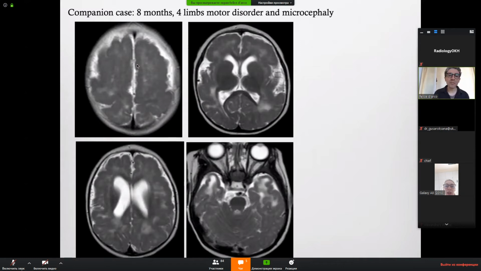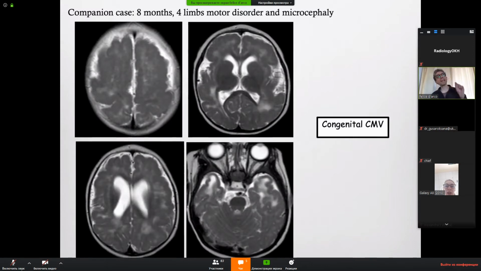But the appearance of the brain is very different from the previous one. In this case, you have bilateral diffuse, though slightly asymmetric, polymicrogyria. White matter changes before, but you didn't have polymicrogyria. This is again a congenital cytomegalovirus. What's the difference?